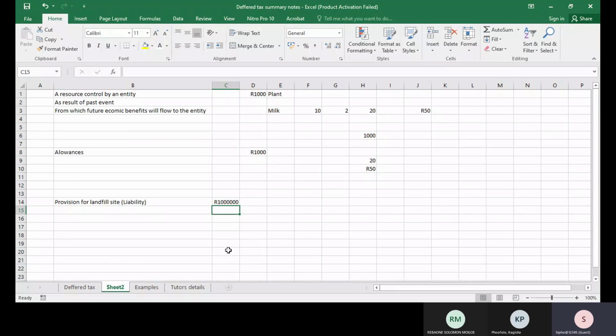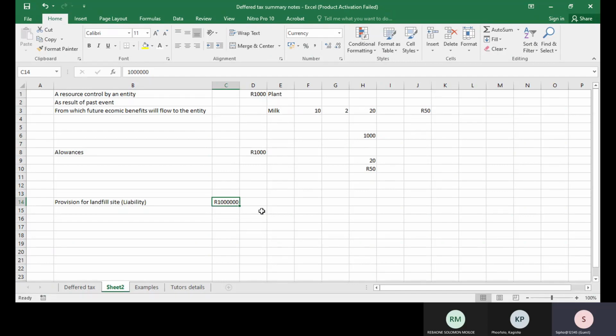It means that we have a present obligation to settle this obligation after, let's say, 20 years from now, because we need to rehabilitate the land, as you have explained. We've polluted the land through the mine dams and everything, but after 20 years from now we have a present obligation to rehabilitate the area where that landfill site is, so that everything is neat and clear.